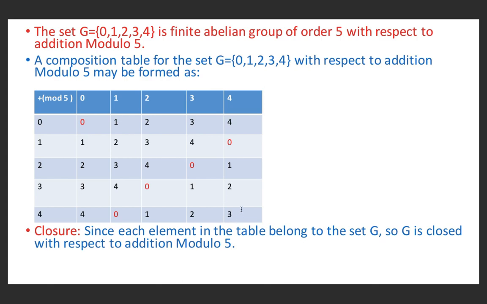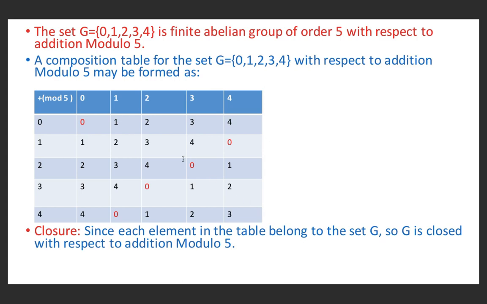When we divide 8 by 5, the remainder is 3. So, to write the elements of the fifth row, we have added 4 to the elements of the top border row and then divided the resulting number by 5, and we have written the remainders here.